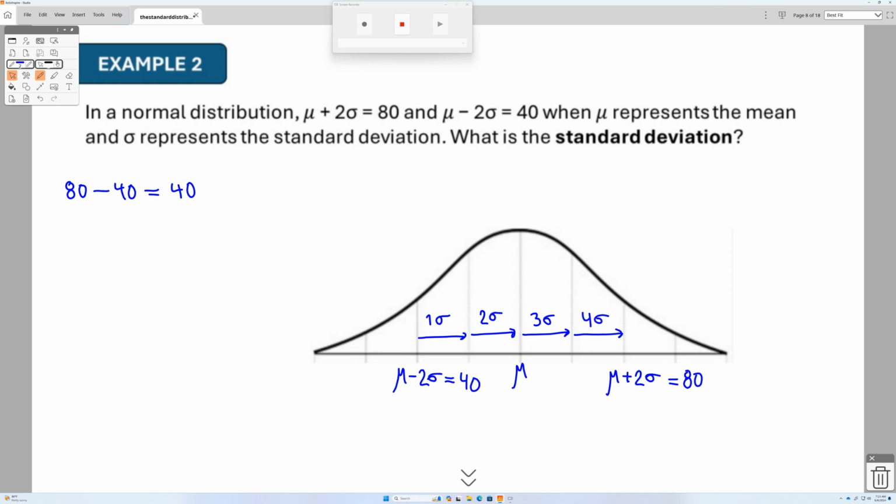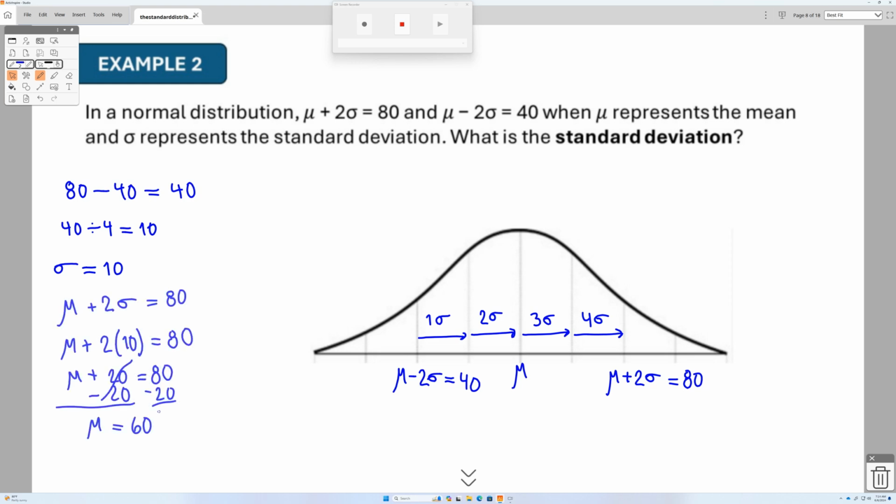And there are 4 standard deviations between 40 and 80. 40 divided by 4 equals 10. One standard deviation equals 10. It is 10 units away from the mean. And the mean equals 60.